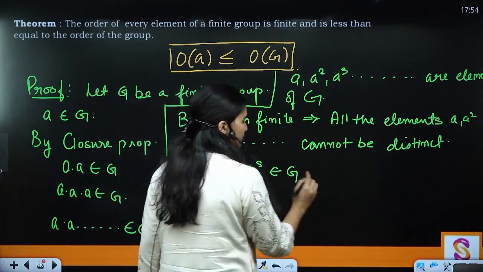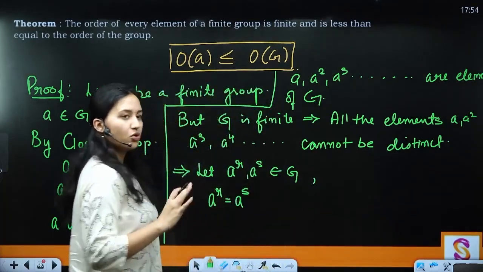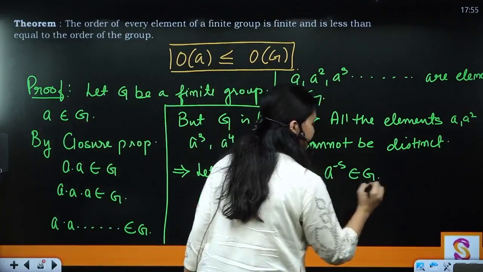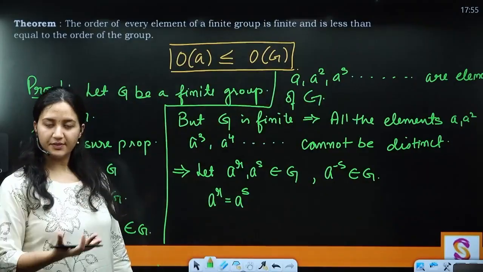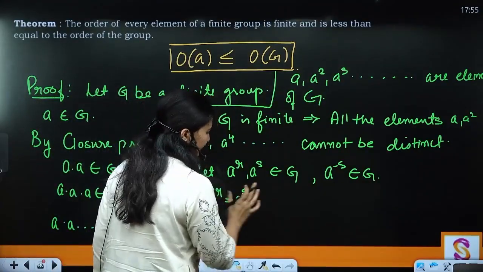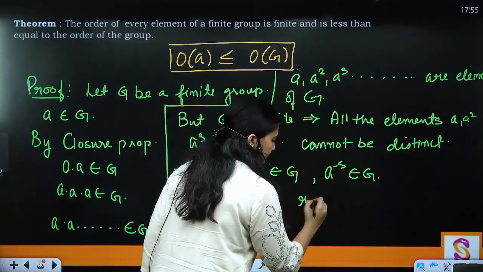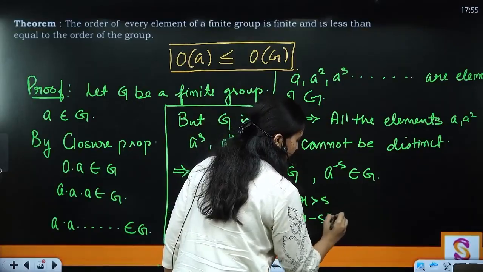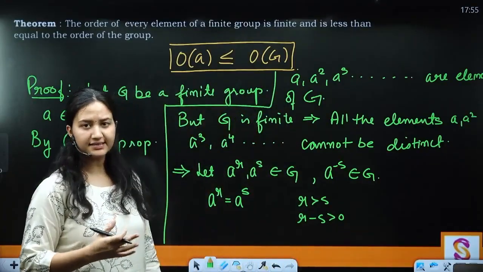Now since A raised to the power R and A raised to the power S belong to G, A raised to the power minus S is also going to belong to G, right? The inverse will also belong since it is a group. So now here we can take R greater than S, and this will say that R minus S is greater than 0.